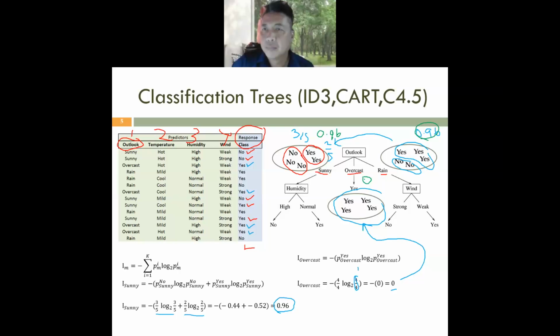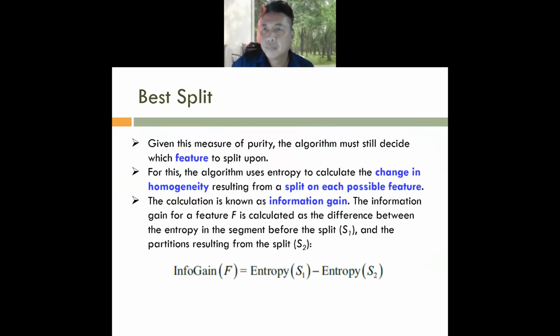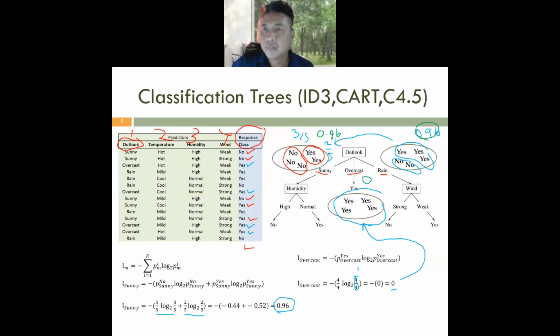So for the total entropy, we have to know how to combine all these entropies. So we use the weightage. In this case, the total entropy should be like this.